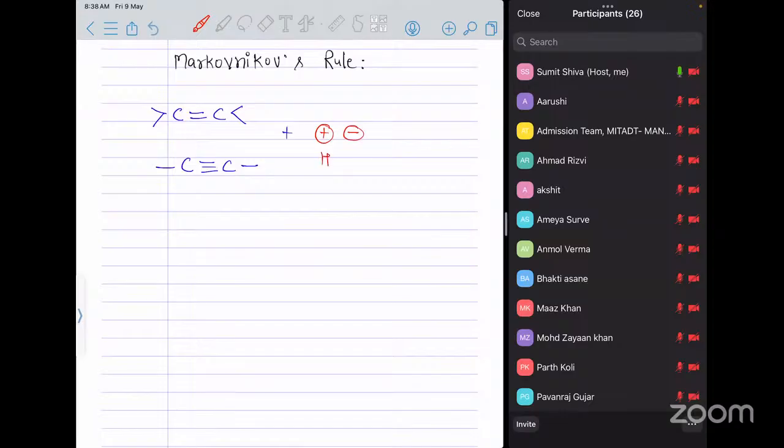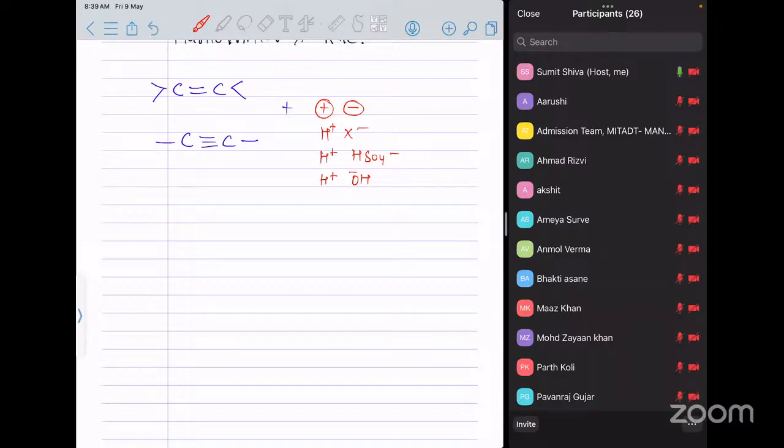For example, H plus halogen minus or H plus HSO4 minus or H plus OH minus. Such type of reaction can take place according to the Markovnikov's rule.